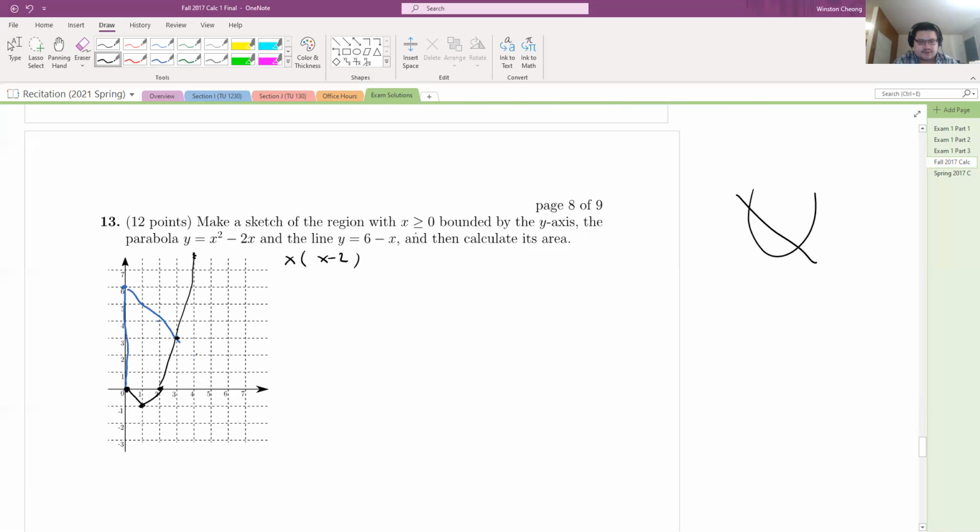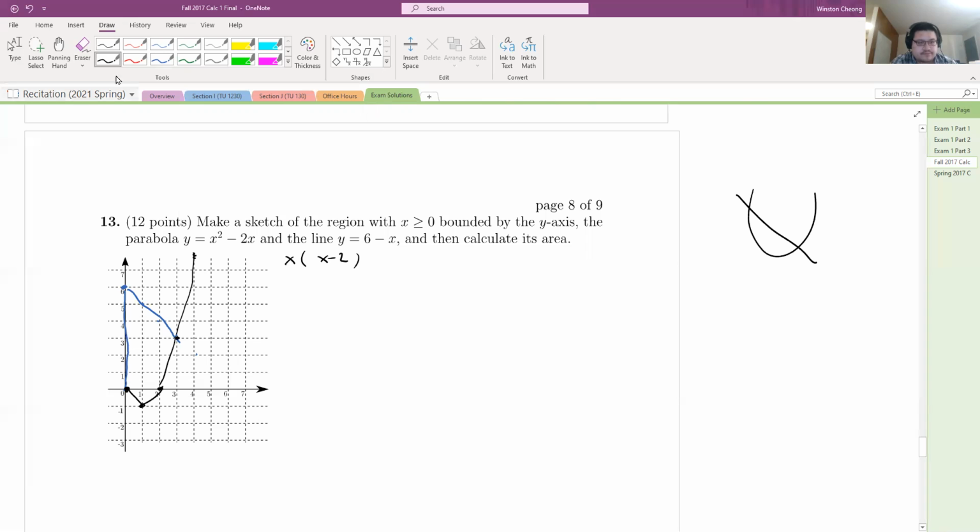But in this case, the problem explicitly says that we're only considering the part of the region where x is greater than 0. Also bounded by the y-axis. Okay, that's just being redundant, but that's fine. And we want to calculate the area.